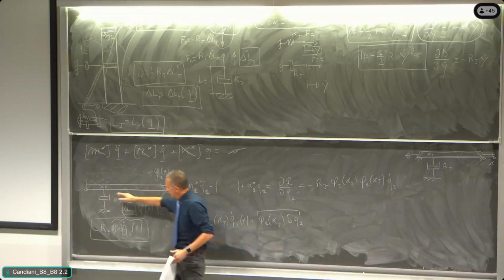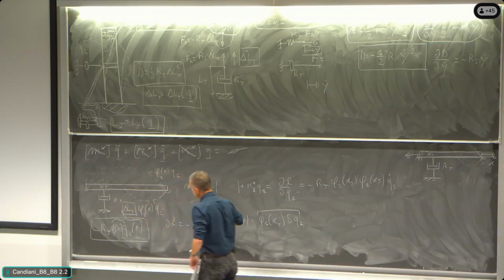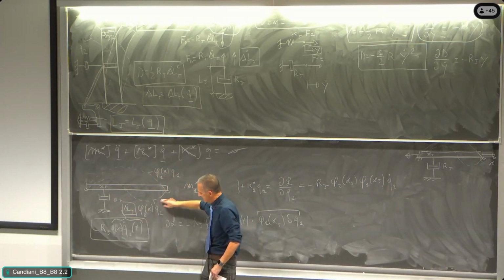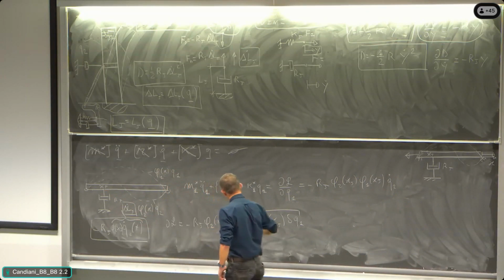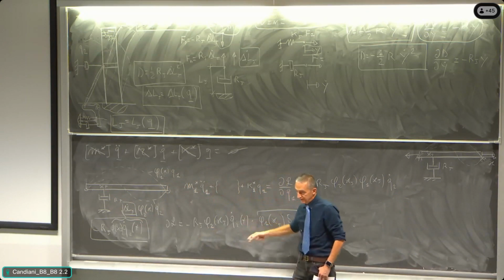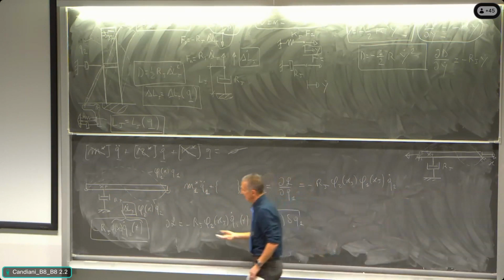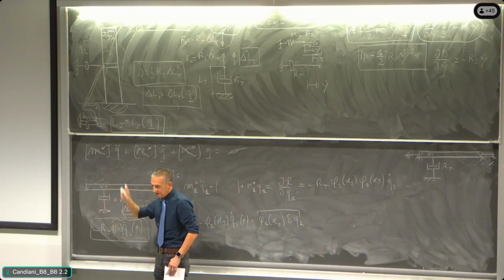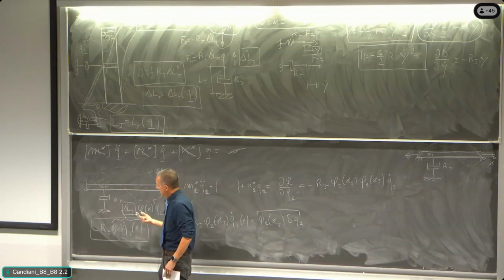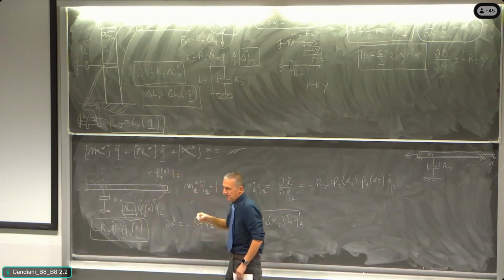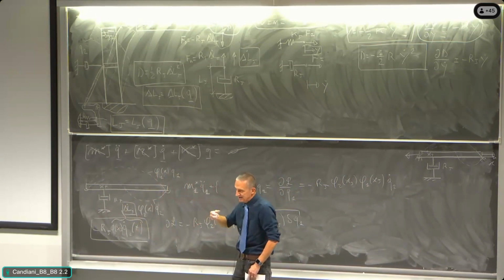And I have a velocity here, not just because the second mode is running with a velocity q dot 2, but also because the system is generally moving. For example, I can have excited the first mode.